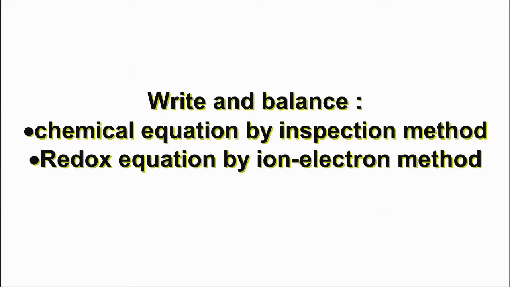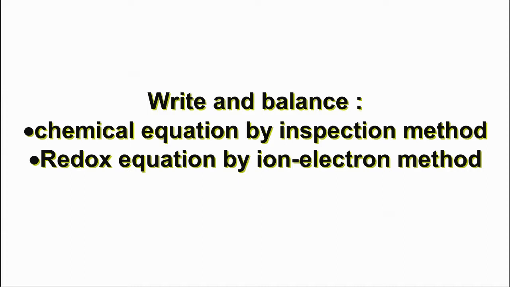have a look at how to write and also how to balance chemical equations using two different methods. Okay, so what were those two methods? If you can still remember, the first method was through inspection method.